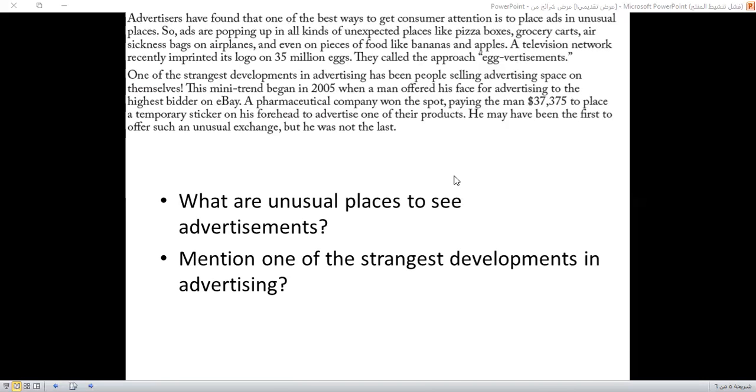Yes, thank you so much, Rod. So they say that they find advertisement in pizza boxes, in grocery carts, and also on sickness bags on airplanes, and even on pieces of food like bananas and apples. I think many years ago we used to have advertisements when we opened pizza boxes, but now I don't think so.